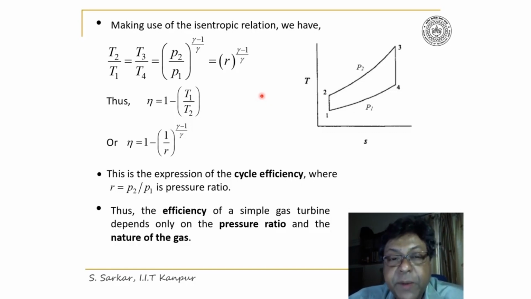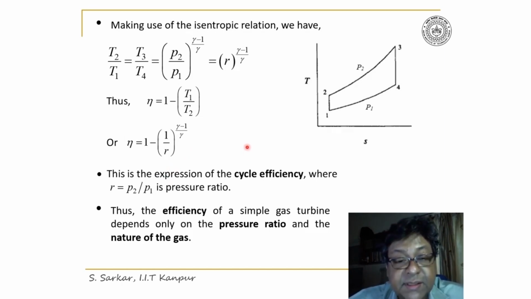So now with respect to the earlier expression of eta, you can appreciate that eta would become 1 minus T1 by T2. Thus, it can be expressed as 1 minus 1 by R to the power (gamma minus 1) by gamma.